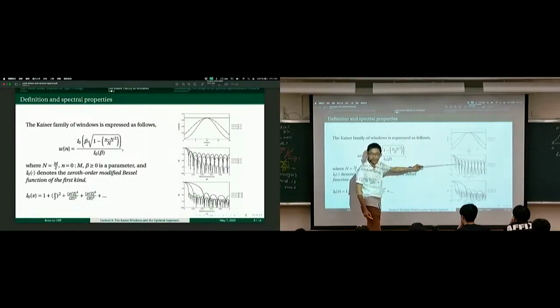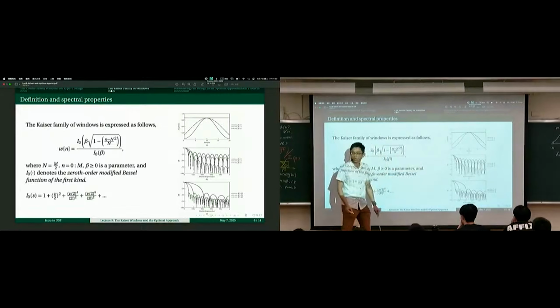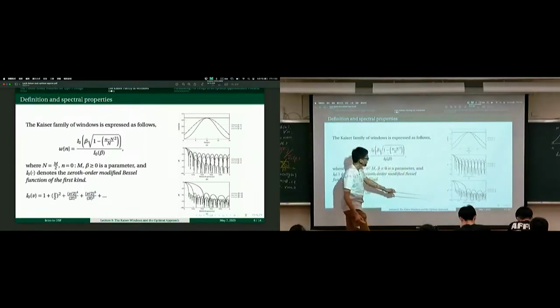It's kind of busy. This plot is kind of busy, but you can see, if you just look very carefully, that the side lobe ratio now is getting better and better. You get a small side lobe, and smaller and smaller side lobe by increasing beta. Okay. But now the third plot, what's the third plot?